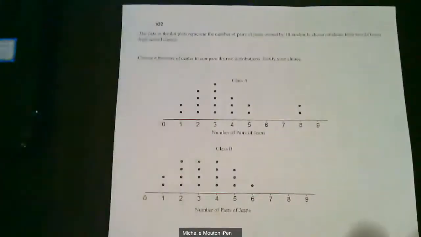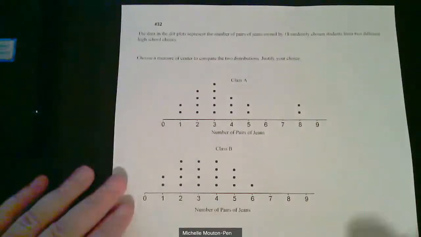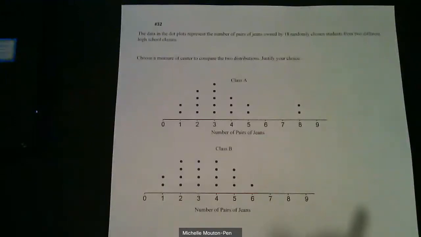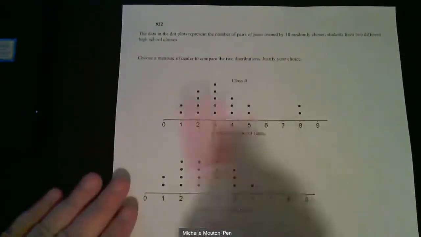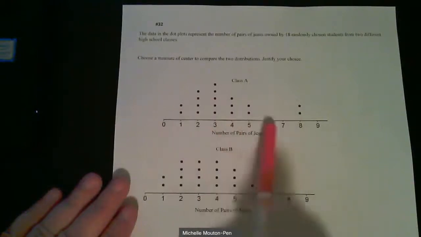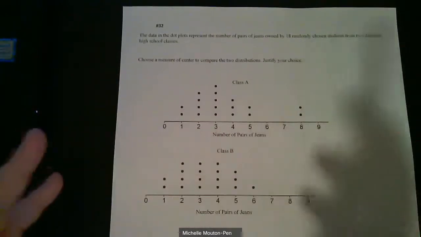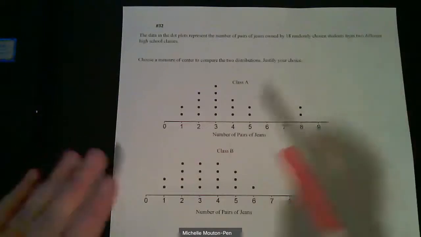All right, so the next one, question number 32. They asked people the number of pairs of jeans owned by 18 randomly chosen students from 2 different high school classes. Whenever you look at this, we've got class A, the people talking about the number of pairs of jeans that they own.